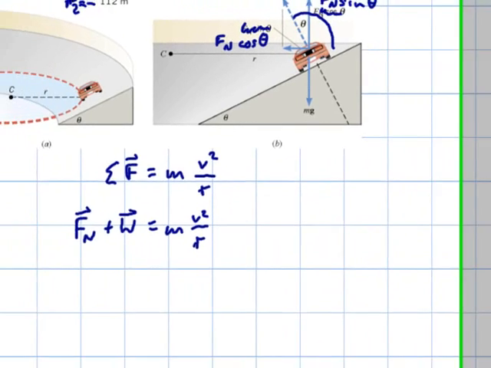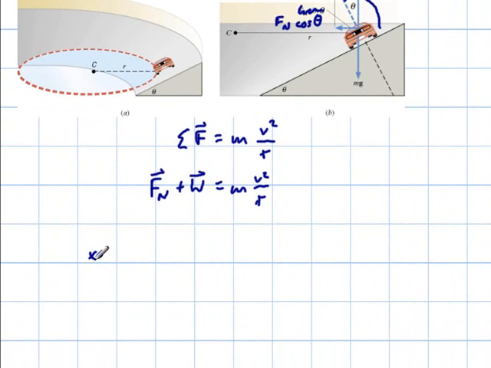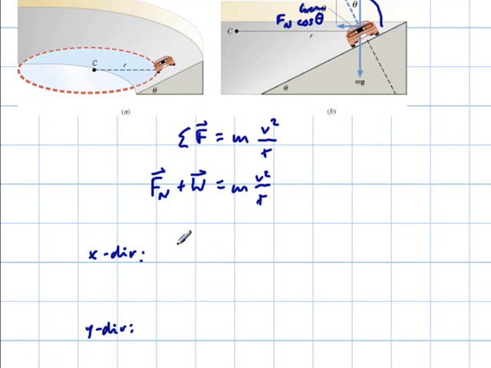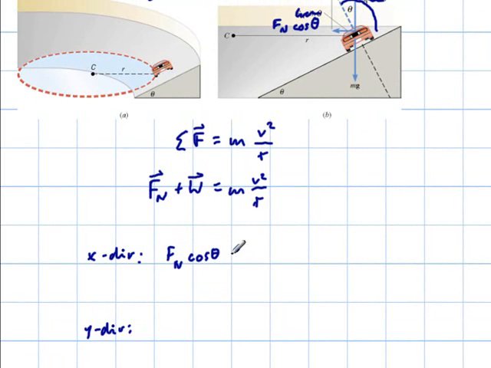Okay, we need to take them apart into x direction and y direction. In the x direction, it's normal force times the cosine of theta plus 0 for the weight equals mass times velocity squared over r.